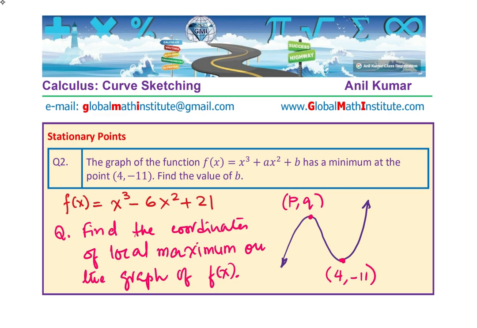I hope with this you understand the basic concepts of what stationary points are, how they relate to turning points, local maximum and minimum, and you also understood that every stationary point will not result in a local maximum or minimum, because there could be conditions where the graph could be, as I was saying, like this. You see that?